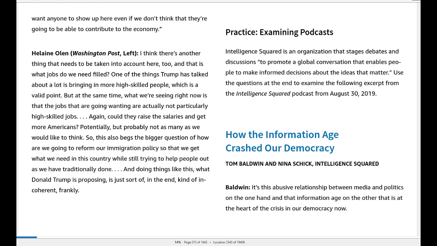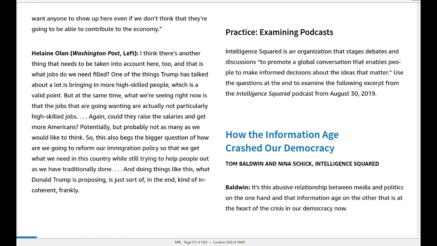Helene Olin, The Washington Post, left: I think there's another thing that needs to be taken into account here too, and that is what jobs do we need filled? One of the things Trump has talked about a lot is bringing in more high-skilled people, which is a valid point. But at the same time, what we're seeing right now is that the jobs that are going wanting are actually not particularly high-skilled jobs. Again, could we raise the salaries and get more Americans?